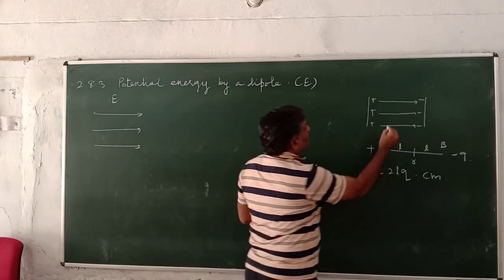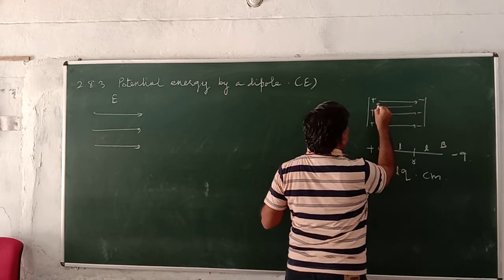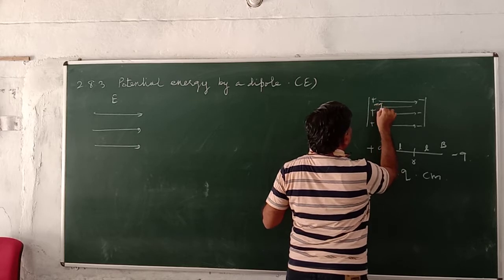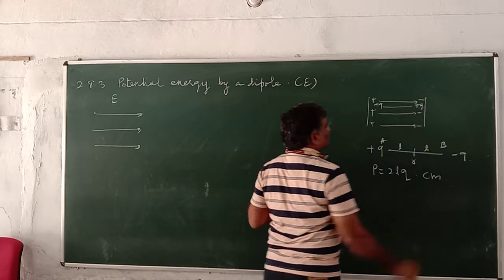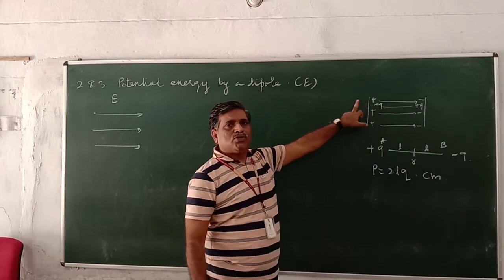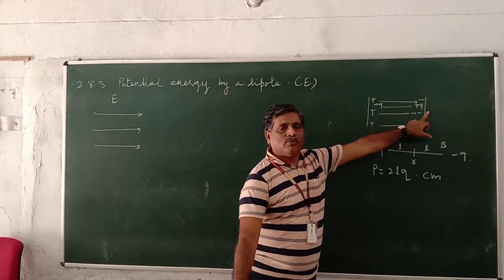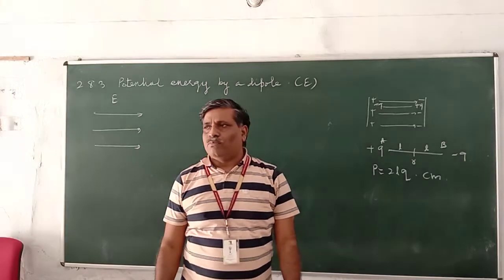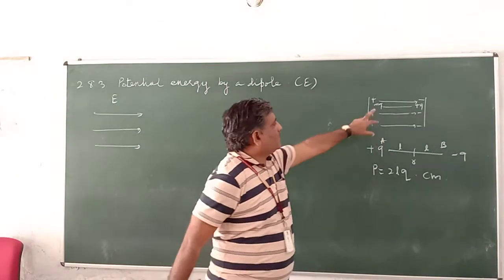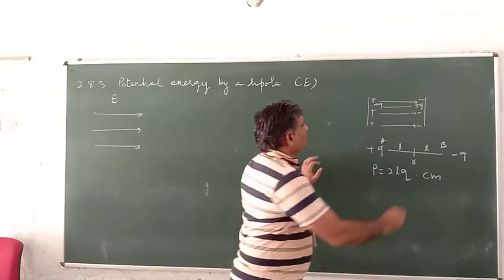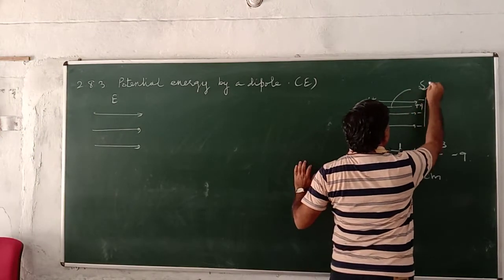Unit of this one is coulomb meter. Now dipole is suppose placed in this way, plus Q charge here, minus Q here. Minus Q is towards positive plate, plus Q is towards negative plate. Dipole will not move because negative charge is attracted by positive. So this situation is known as a stable equilibrium.